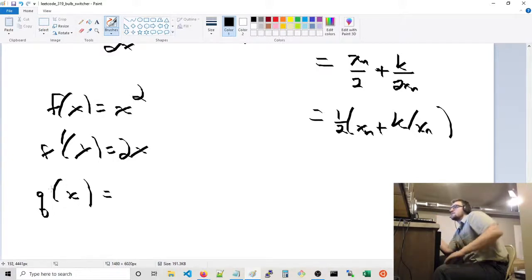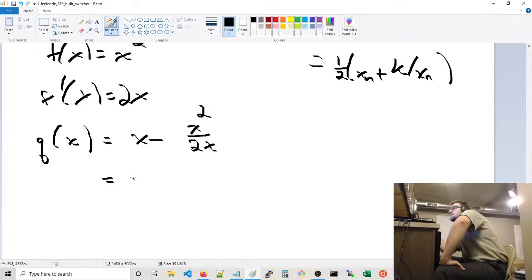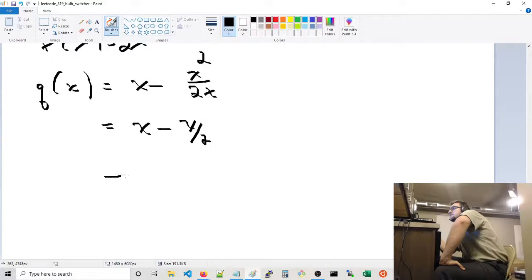You just apply q over and over again, right? It's going to be x minus f over f prime, which is x squared over 2x, which gives you x minus a half of x, which is x over 2.